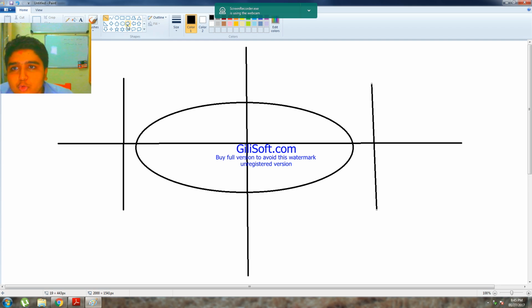And you got two foci, one over here and one over here. This S would be positive, that is plus ae, 0, and this S would be negative, or minus ae, 0. And this would be your center 0, 0.